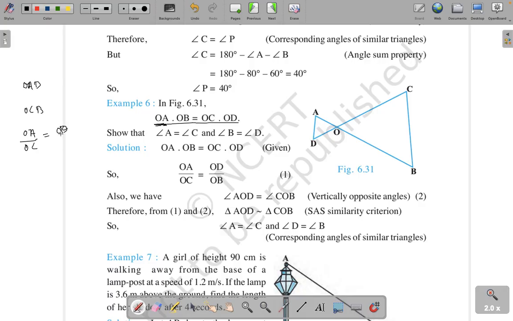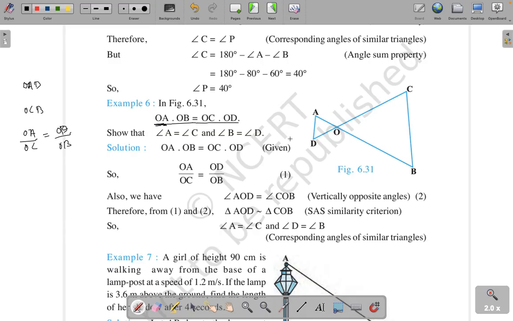This is equal to OD upon OB, right? So OA upon OC is equal to OD upon OB, right? So this is one thing.